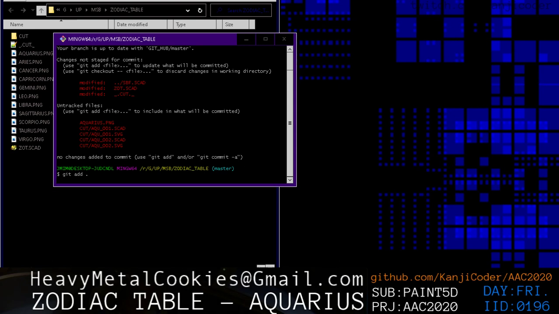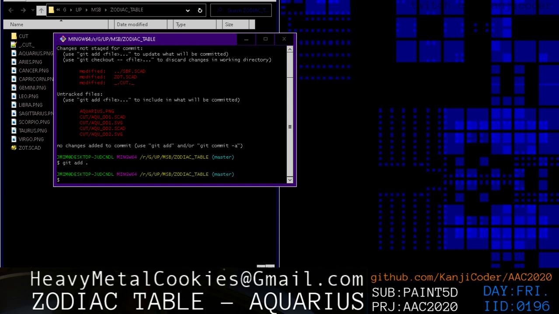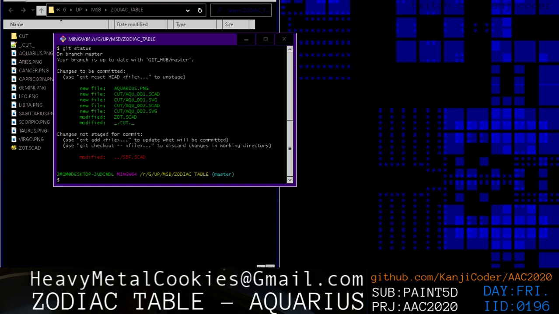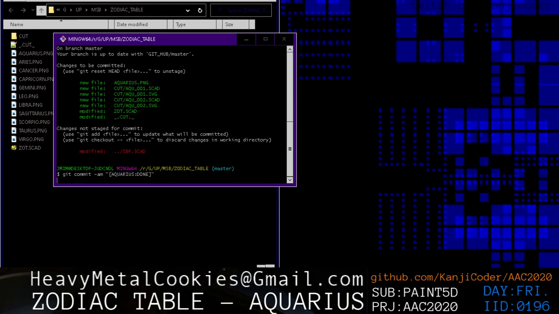I'm guessing it's all the little tiny files that have changes on them. So git status. Okay. Git commit -am, Aquarius done. Okay, so the Aquarius symbol is done.